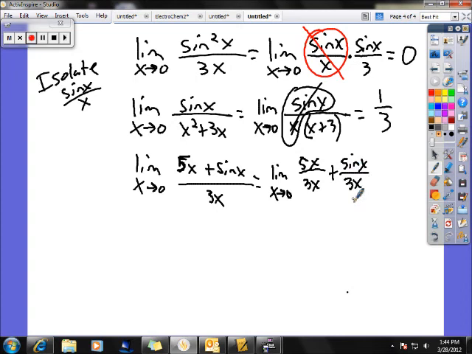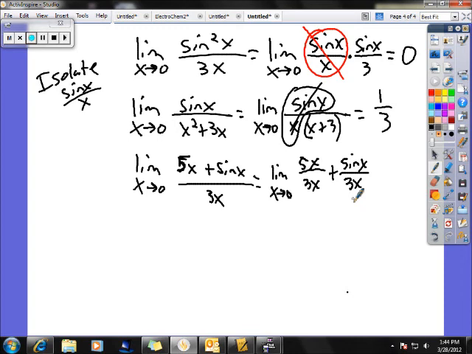If you add 5x over 3x and sine x over 3x, you get 5x plus sine x all over 3x. So this is one trick that you might have to do sometimes: you might have to split up a fraction. You can only do it if the denominator is just one term. If the denominator was two terms, you can't split those up. That's a much longer process. But if the denominator is one term, you can split the top up and put them both over that denominator.